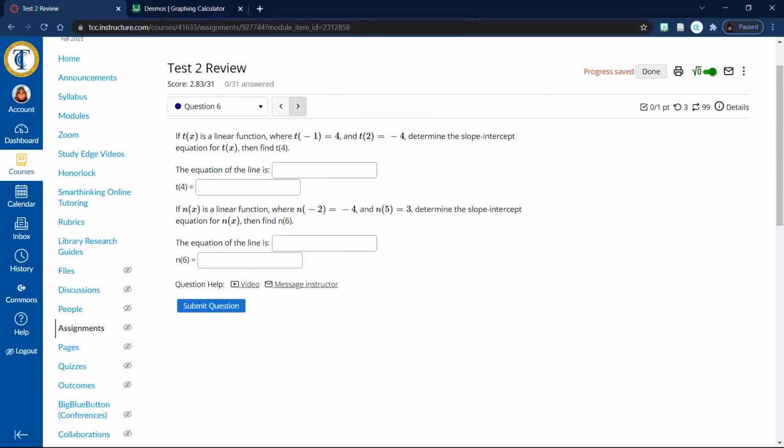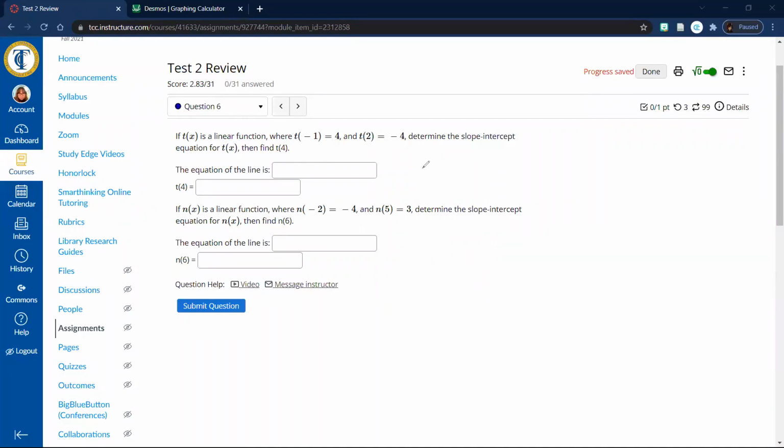Okay, so this is a little bit more of the same. The only difference is how it's shown to you, how it's presented. So I'm not going to go through the whole thing just because we've gone through about 5 of those questions. But I will say, if we were looking for points, well, actually this one's a little bit different because we don't know the slope.